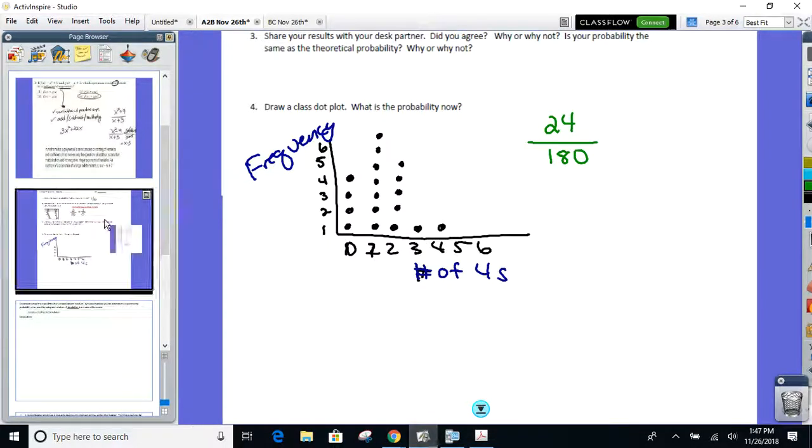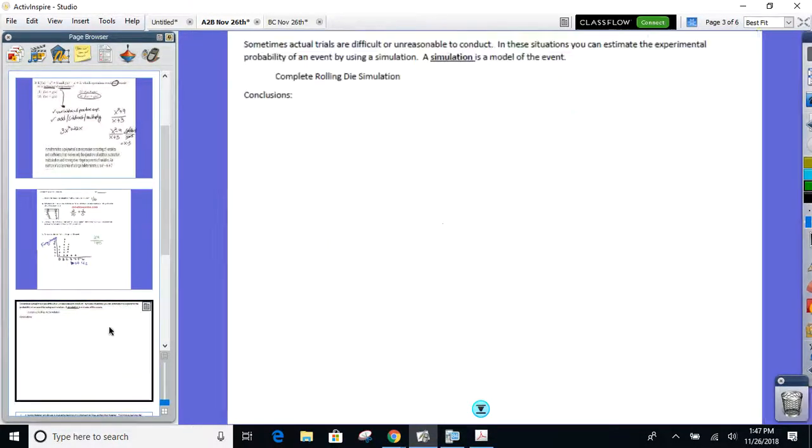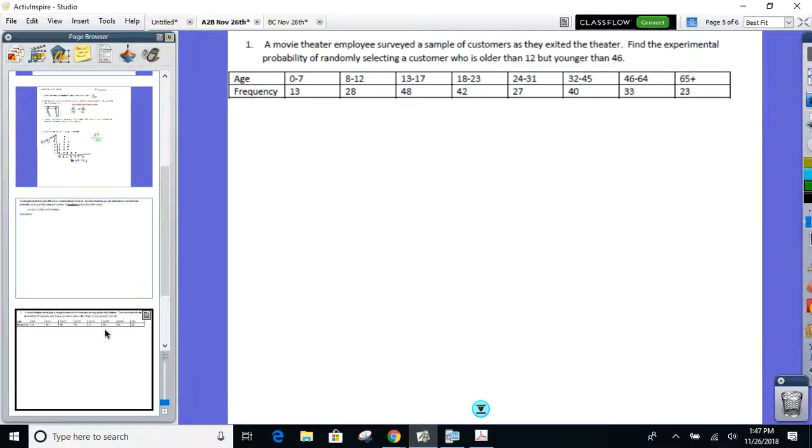All right. Now let's actually do some experimental probability. I'm skipping over all this and going right to the actual first problem here. Okay, going to the movies. I surveyed people at the theater.